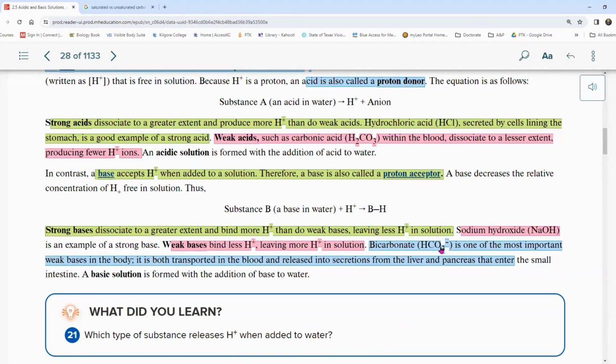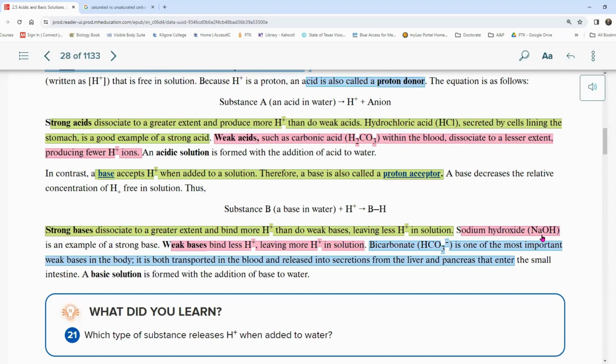An example of this in our household would be sodium hydroxide, which is what you see right here, notated by sodium and OH, oxygen and hydrogen. That would be essentially like drain cleaner or Drano. That is the active ingredient in those chemicals.